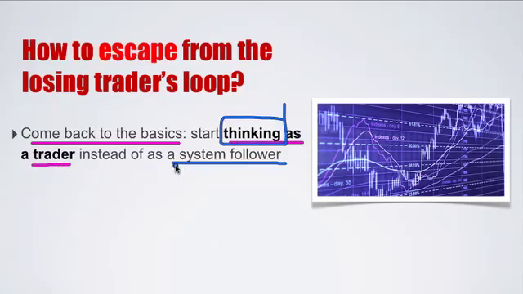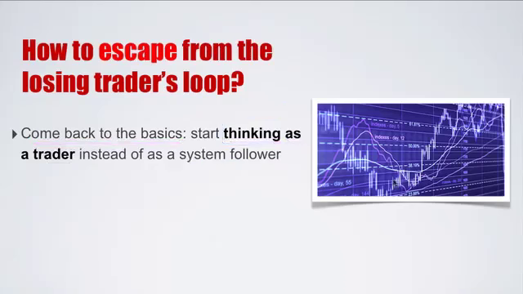Start forgetting about automated forex robots, forget about black box systems, about magical combinations of indicators that you don't understand. You need to start thinking as an actual trader, all right? Not as a system follower. Forget about following blindly a system, any system, it doesn't matter. You need to start understanding that system, okay?